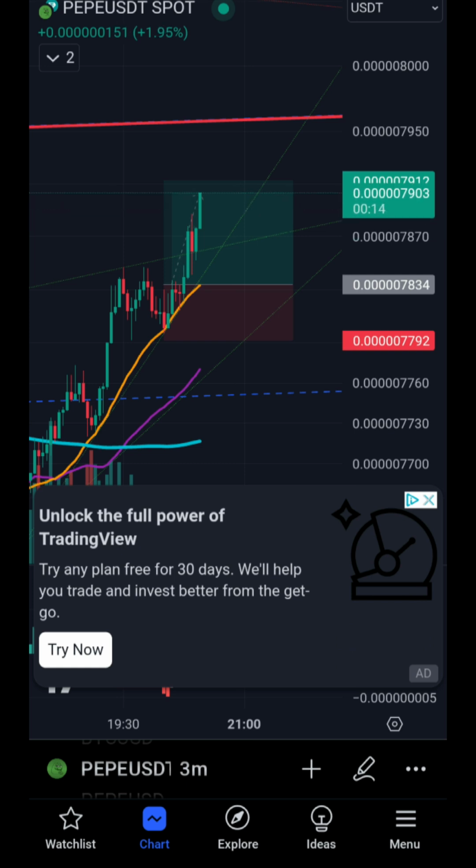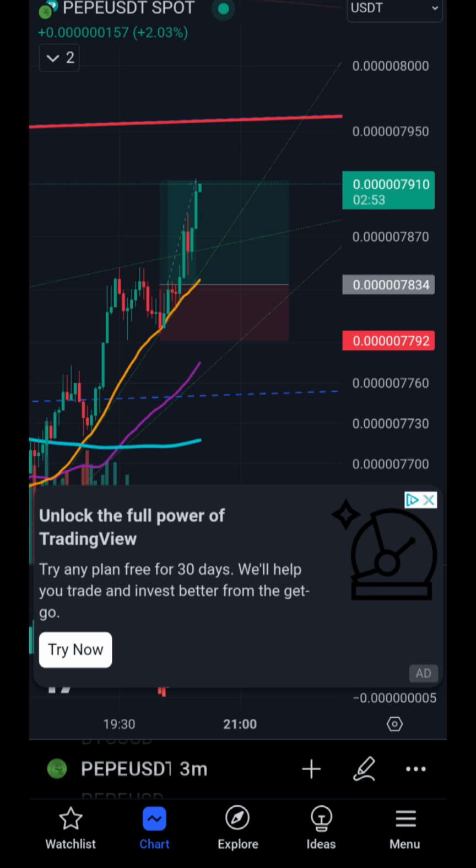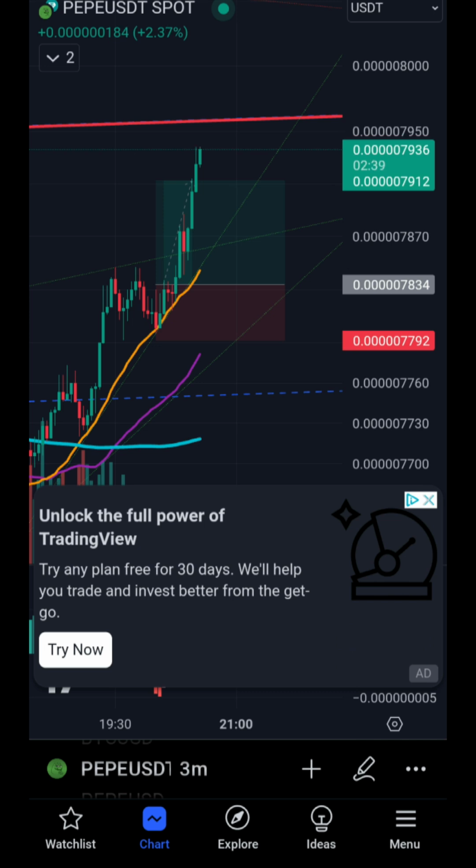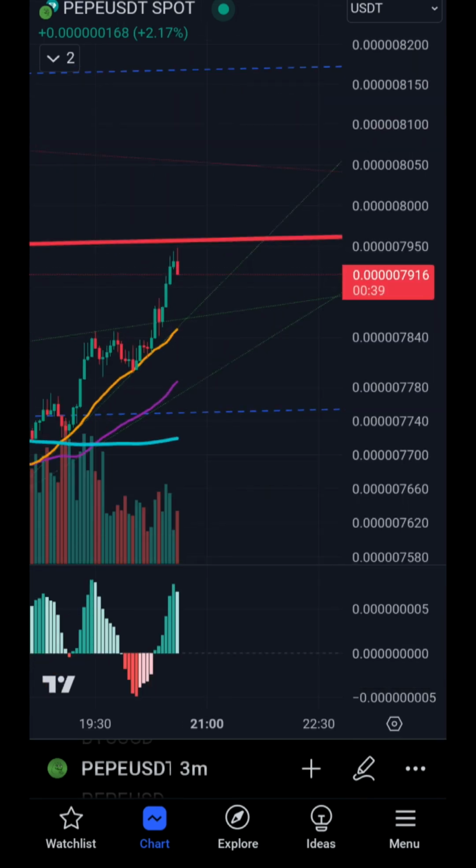We are very close to winning the trade, and we did win the first trade. So first trade plus $60. And now I waited for the retracement. Now look at that grid line at the top, the red line. See how it reacts to that.